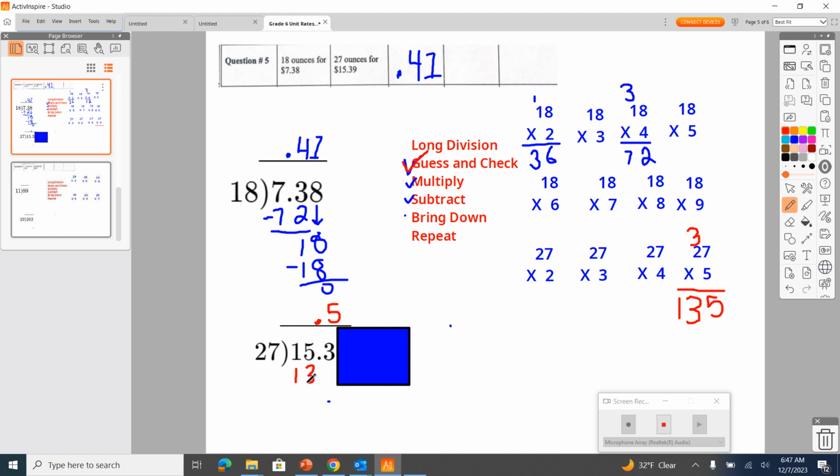Now, my last way to know that I guessed and checked the right number, because I didn't do 27 by 6 to see if it was larger than 153, is when I subtract these numbers, I need to get a number less than 27. If I get a number greater than 27, I could have had another set of 27s. This is another way to know that my guess and check worked.